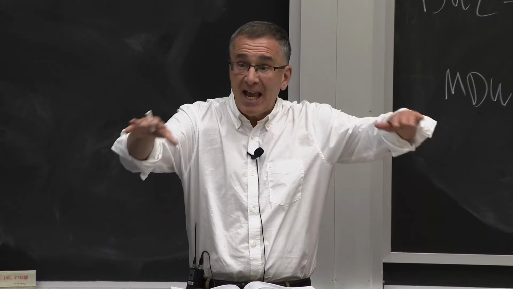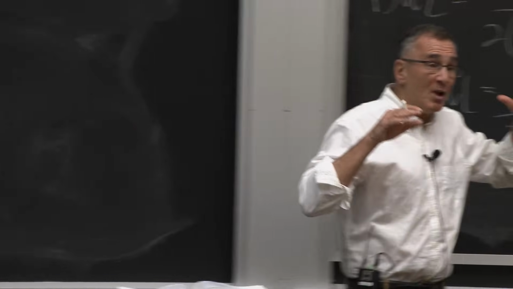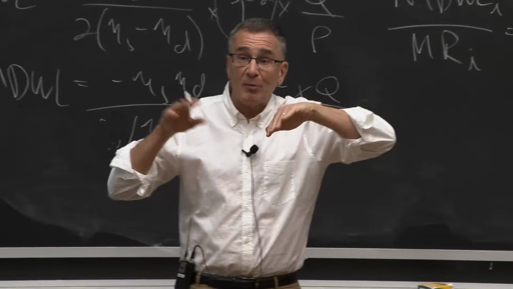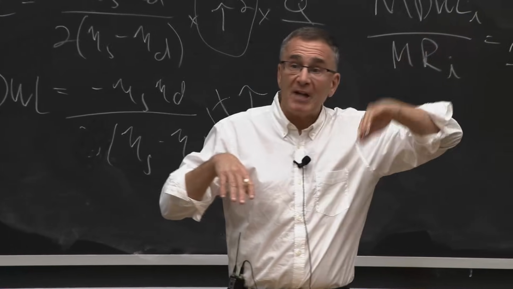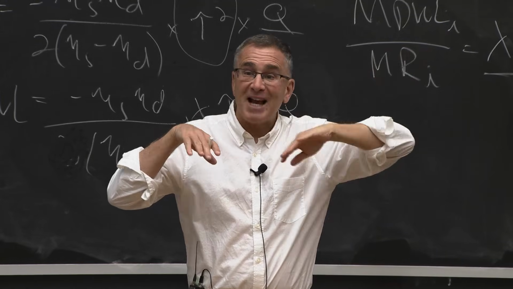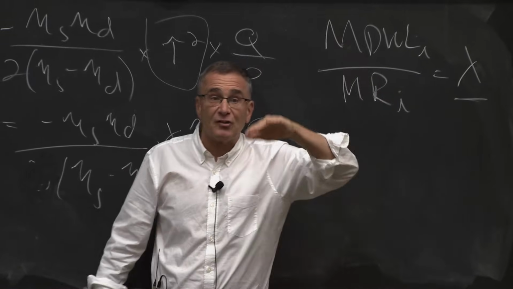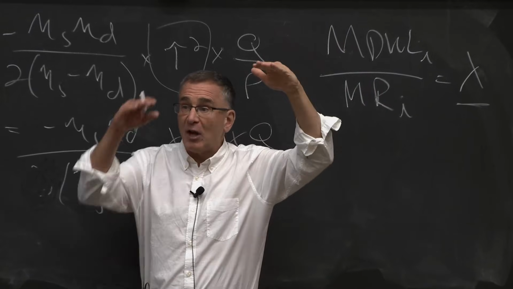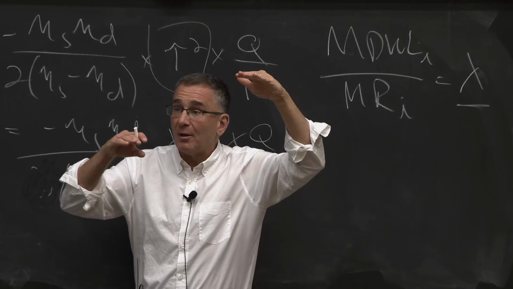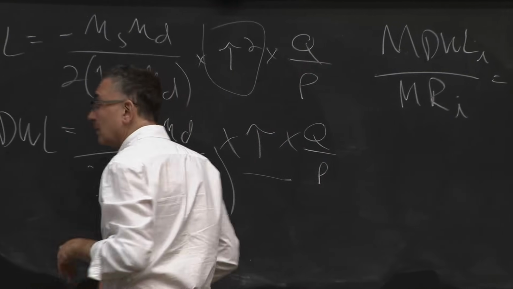It's like the consumption smoothing argument, right? Remember with consumption smoothing, if you give $1 to a rich guy and take it away from a poor guy, that's a bad deal because the rich guy has a lower marginal utility of income. It's a similar thing here. Adding any dollar of taxes which takes one above, it'll take one below. But going above causes more inefficiency because of this tau squared term.